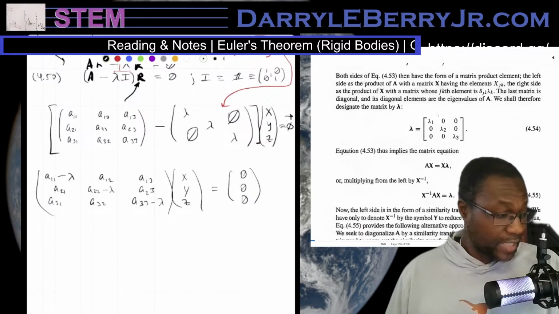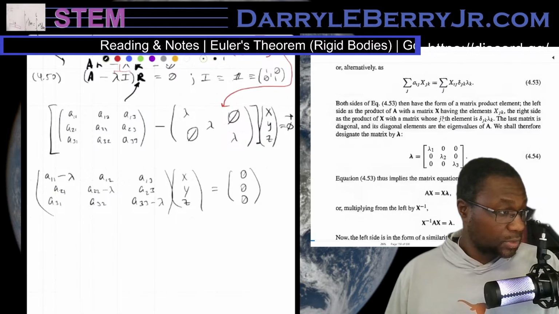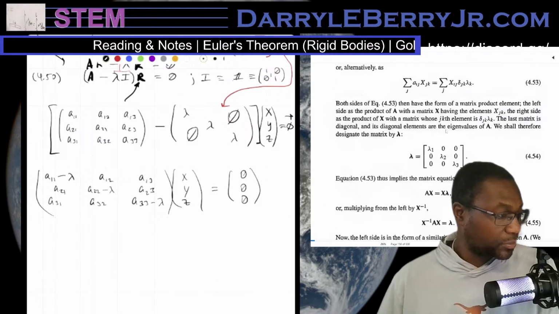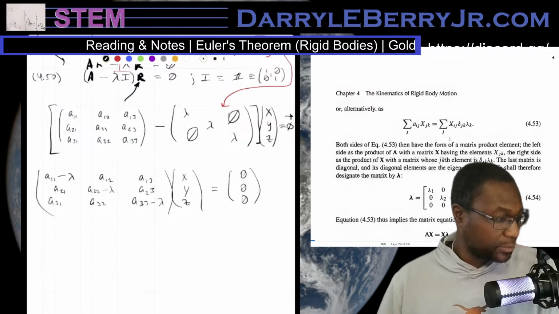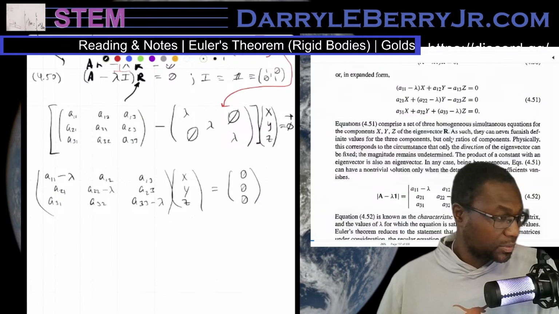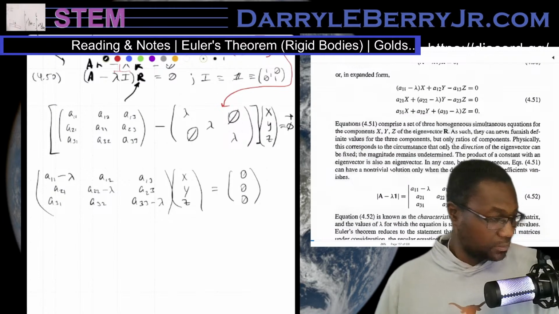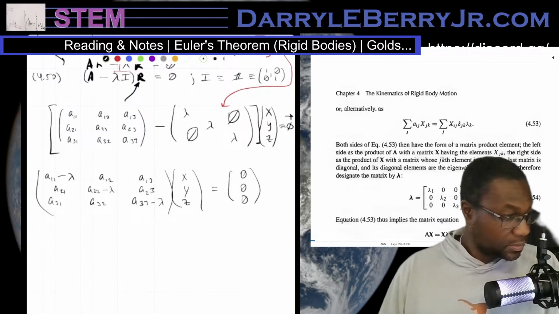Looking back at the book, they did make a lambda 1, 2, and 3 later. I'll just wait until they do it.